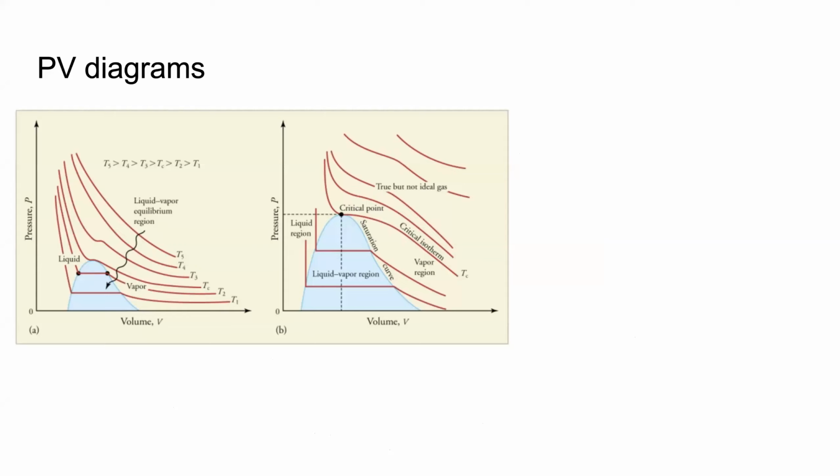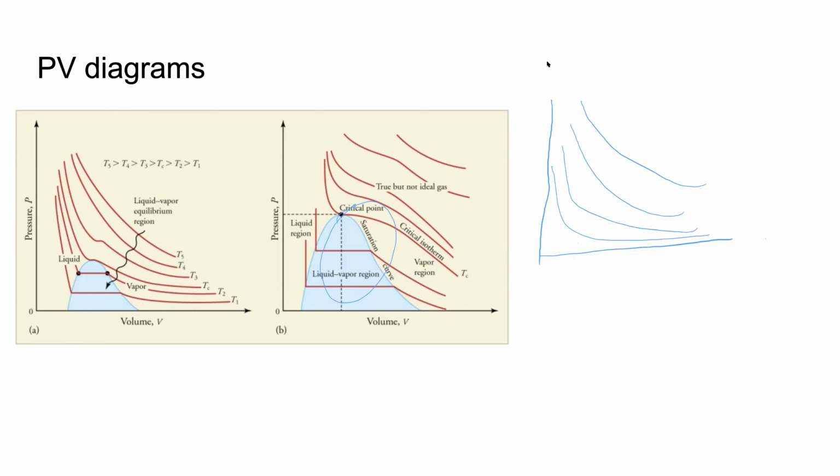And one thing I'll note about the PV diagram is that when you have ideal gas, you expect the PV diagram to be just these curves. However, when you look at here, it's completely different because there's a liquid vapor region. It's kind of like an in-between state for the gas.